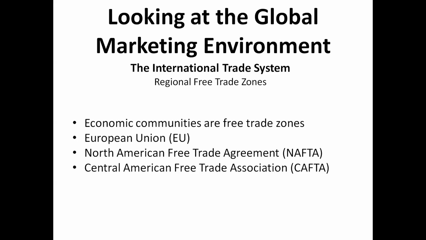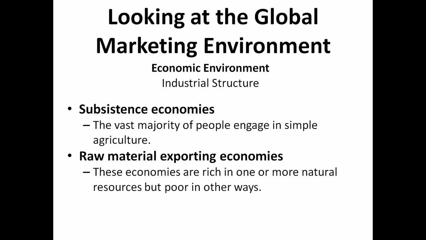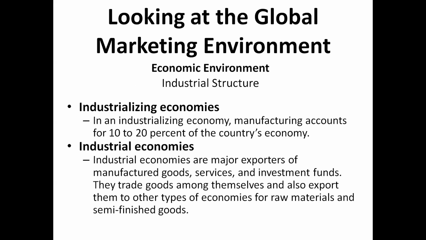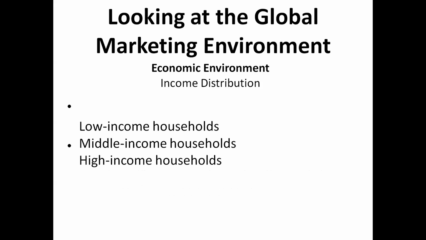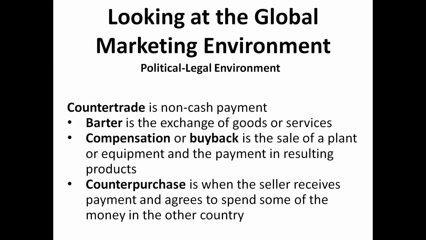Then the international trade systems are the European Union, NAFTA and CAFTA. Subsistence economy means the vast majority of people engage in simple agriculture and raw material exporting. So these are various terms we use in the global marketing environment.